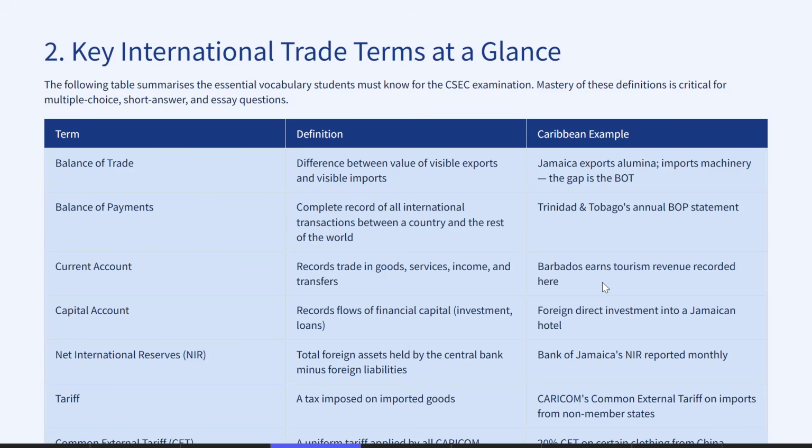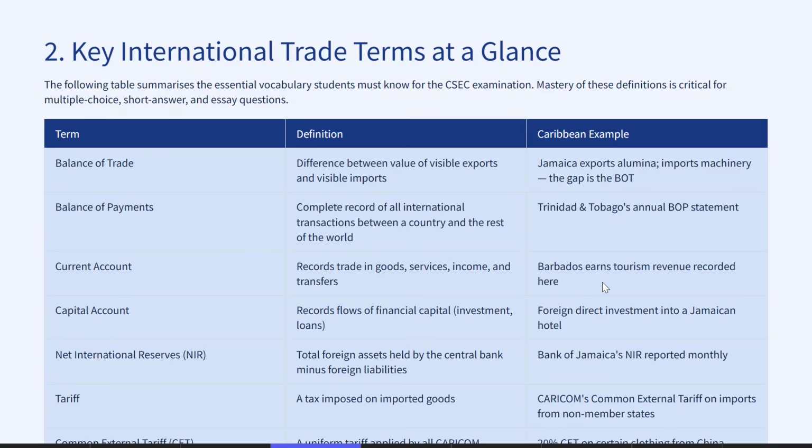But not in the balance of trade because it's not a physical good. Everybody understand the difference between the balance of payments and the balance of trade, right? Yes, sir. All right.